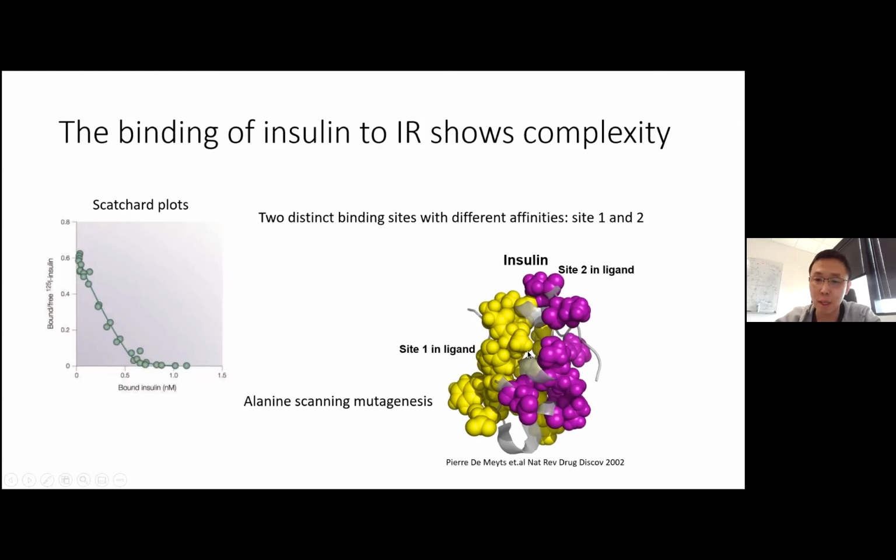This picture shows that one side of insulin is important for binding to site 1 of the receptor, but the opposite side, shown in purple here, is important for binding to site 2, right? But this is only on the insulin side, because the receptor is a very, very large molecule. You cannot do such alanine mutagenesis on the receptor side. So now, where site 1 and site 2 are on the receptor is not very clear.